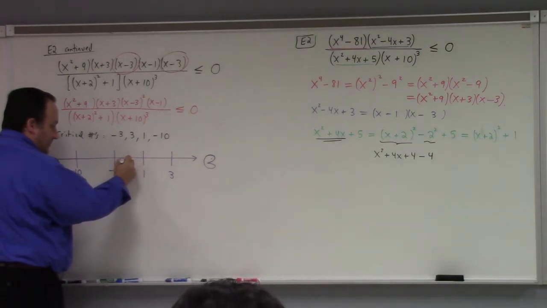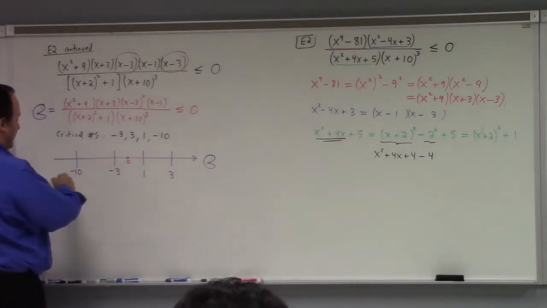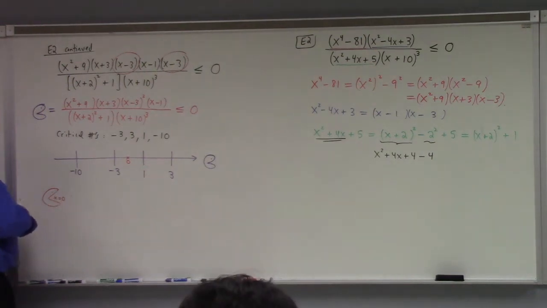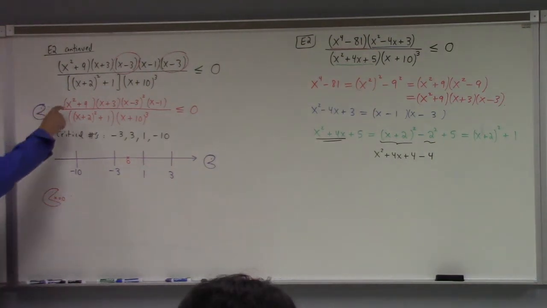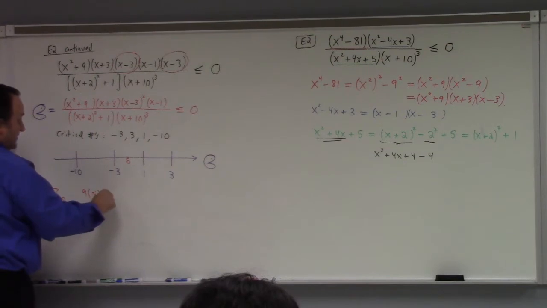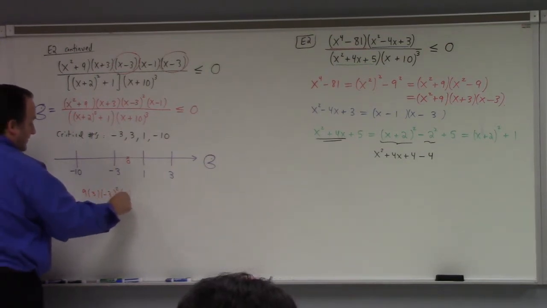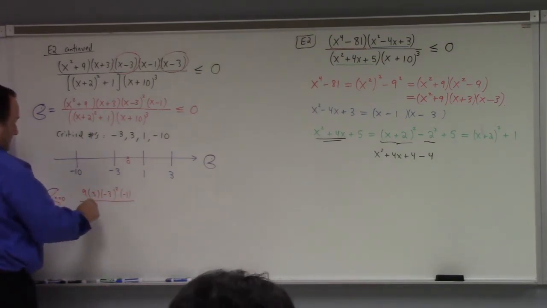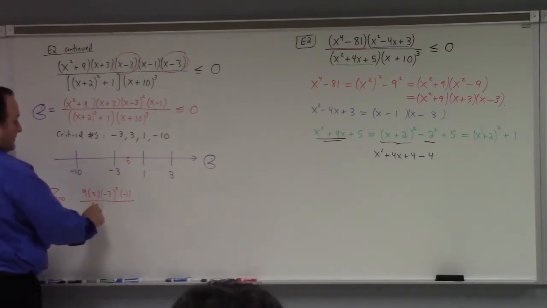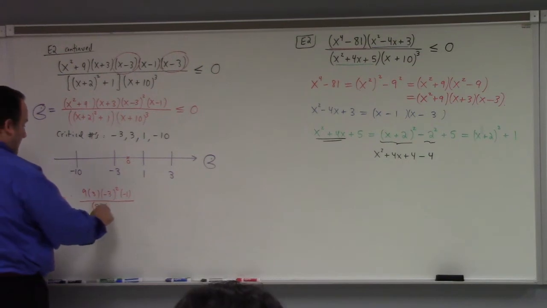Very good. And so feed Pac-Man 0. What do you get? You have to think through it. We get 9 times 3 times minus 3 squared times minus 1, divided by 5 and then 10 cubed.